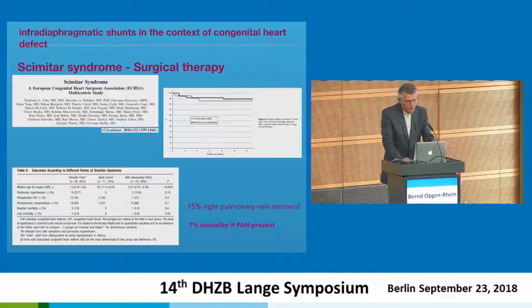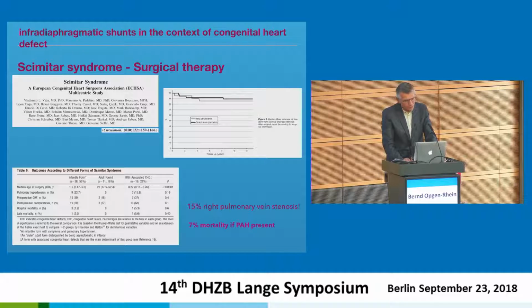There's a multi-center study of the European Congenital Heart Surgeons Association, which reveals 15% of right pulmonary vein stenosis post-operatively, which is not that much, regardless of the technique of the operation, but a 7% mortality in the operative correction.